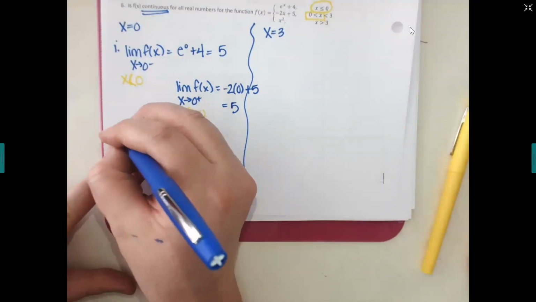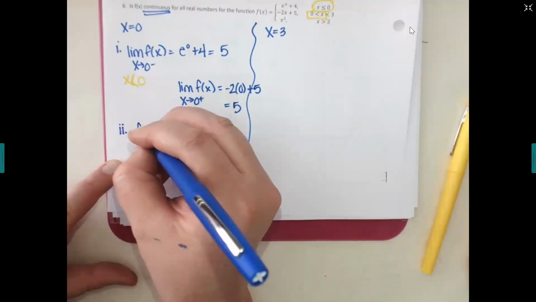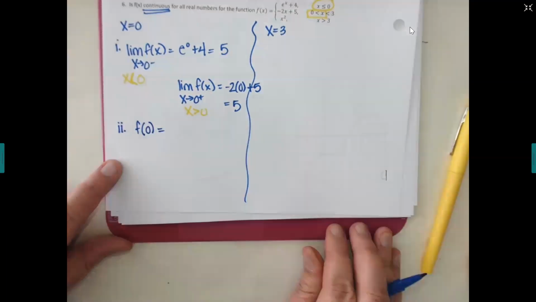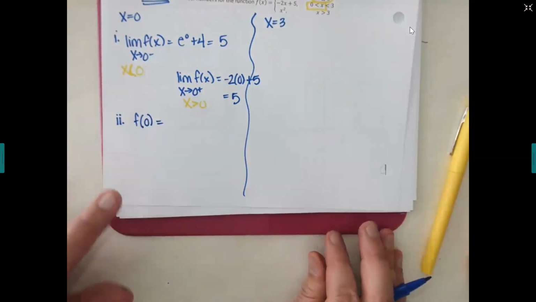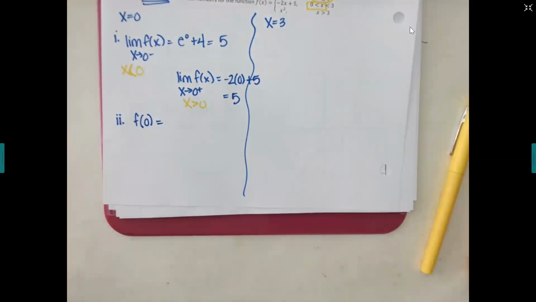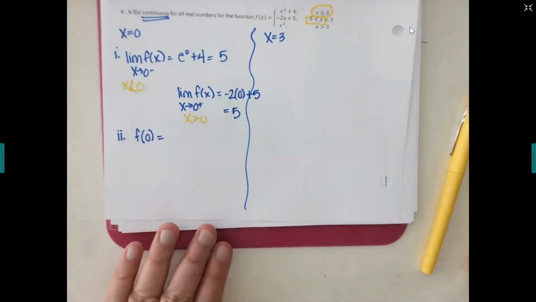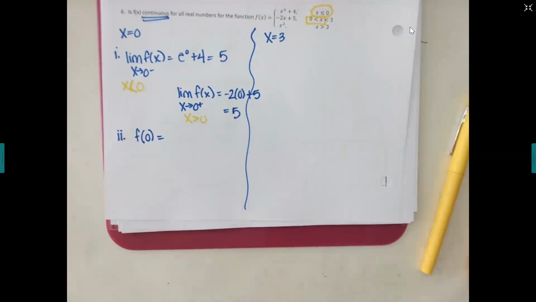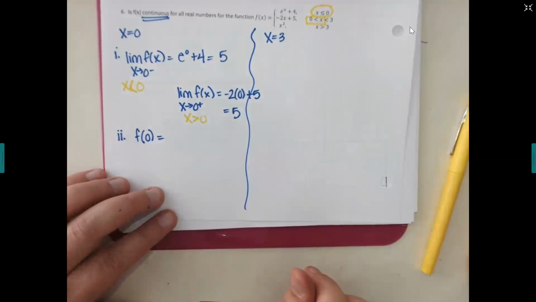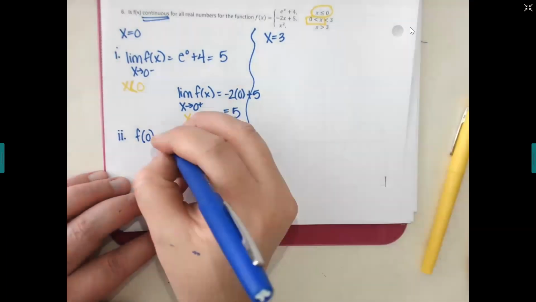Step number 2 is I'm looking for f of 0. Okay, now, if I want f of 0, I want x to equal 0. Which part of my piecewise will I use if I want it to be at 0 specifically? The top, because it has the what? The little line underneath it is the equal to, yeah? So I would be plugging in only to the top, but I already know the answer. How did the top come out when I plugged in 0? 5, okay?